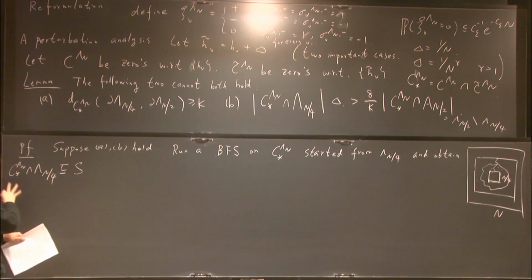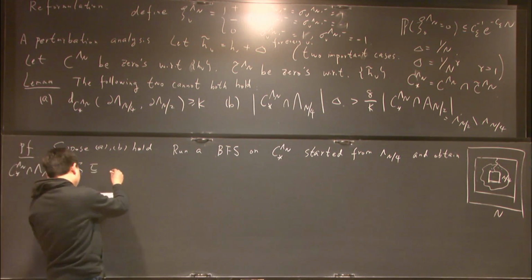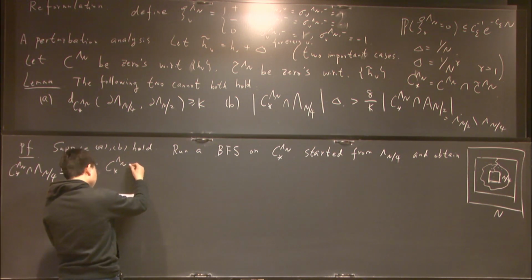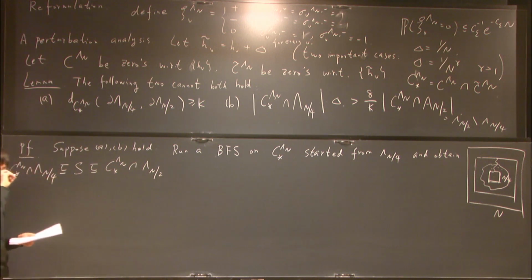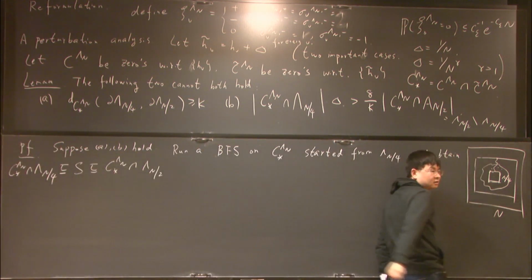That's my source, my starting points, and everything is contained in the n over 2 box.